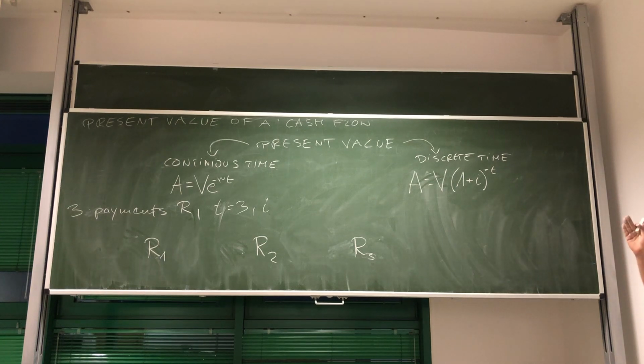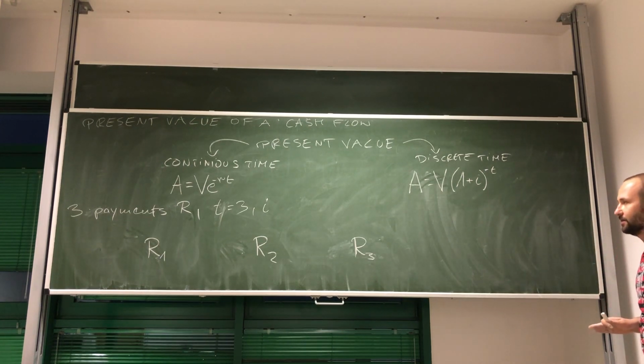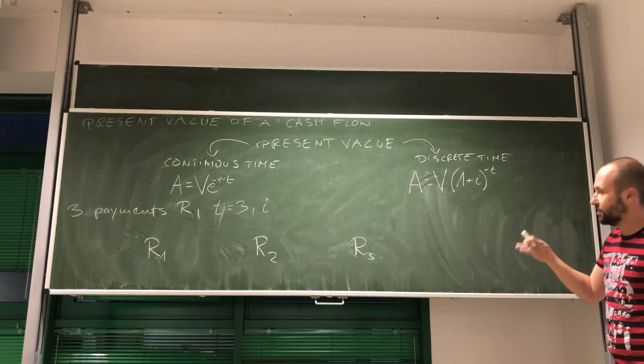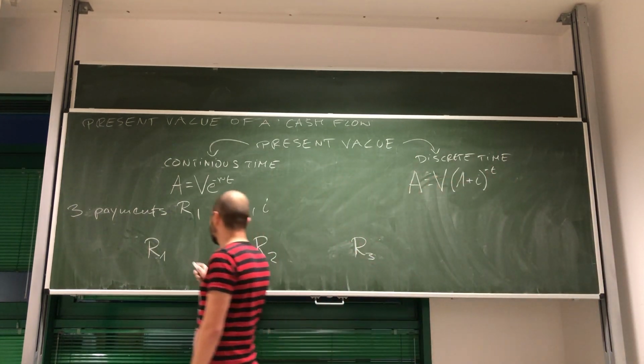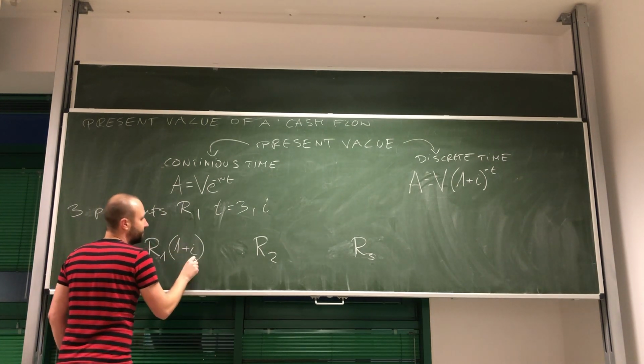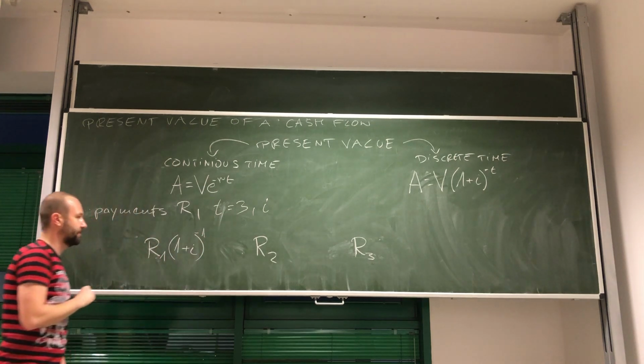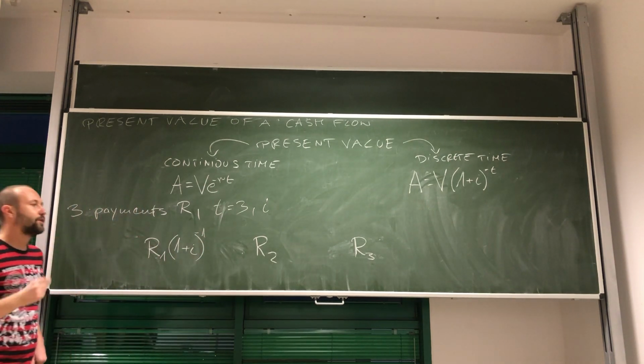Now, the first payment we're receiving within a year. So, how should I discount it? Well, I need to use the discounting factor that we used for it and take it to the power -1. Then, what should I do with the second payment?